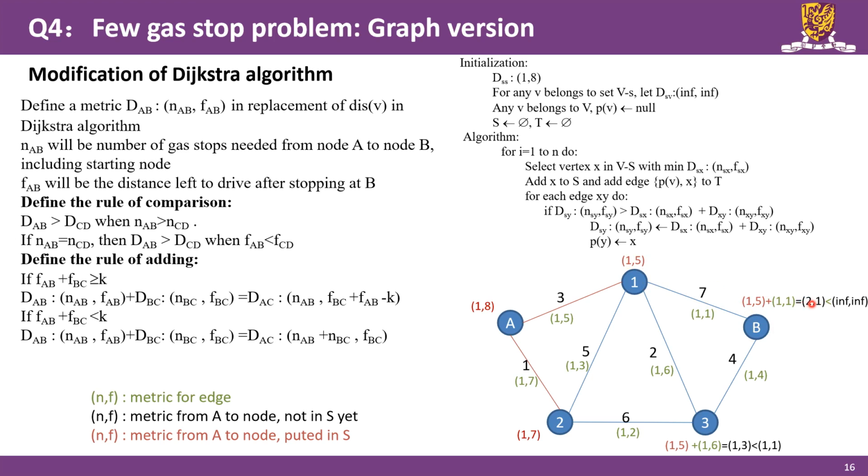And the result will be (2, 1), which is smaller than infinite. So we will update the metric of B. And we will also calculate the (1, 5) plus (1, 6), that is equal to (1, 3), which is lower than (1, 1). So we will also update the metric of node 3, both because of this update rule.